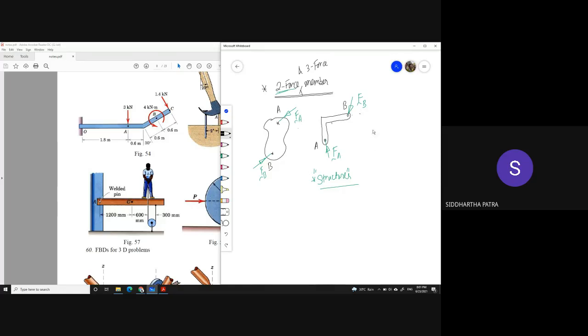First of all, for this object to be in equilibrium, the sum of all the forces must be 0, but there are only 2, which basically means F_A and F_B are equal and opposite. So this goes to 0 for equilibrium. So F_A is minus F_B. The two forces are equal and opposite.